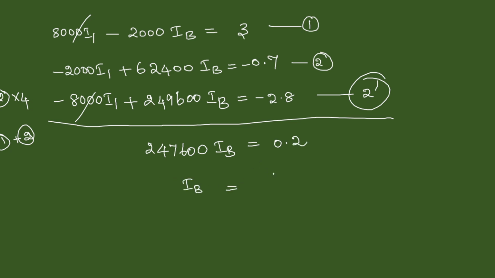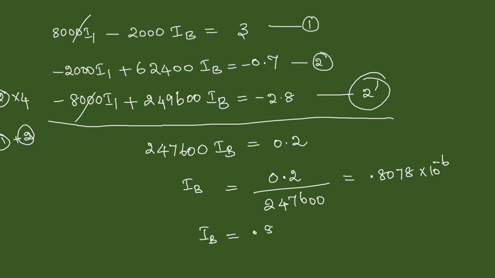IB is equal to 0.2 divided by 247,600, that is equal to 0.8078 into 10 power minus 6. So that means our IB is equal to 0.8078 microamps. So one answer we get.